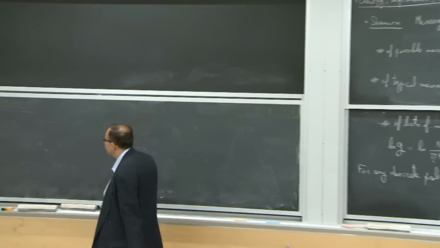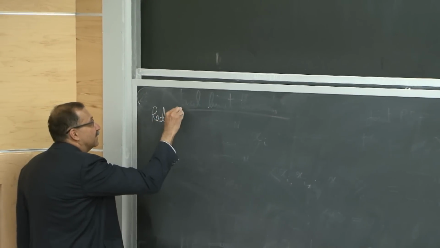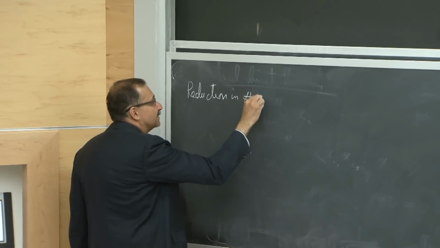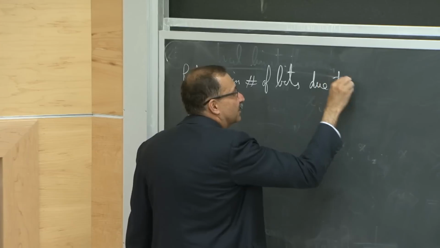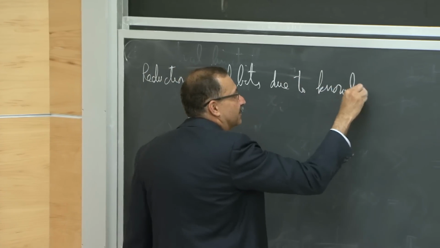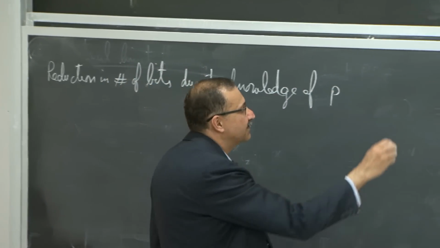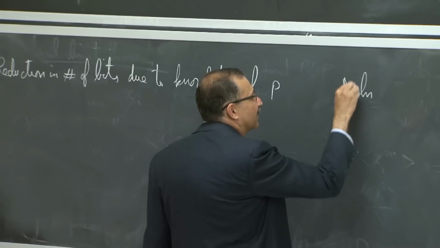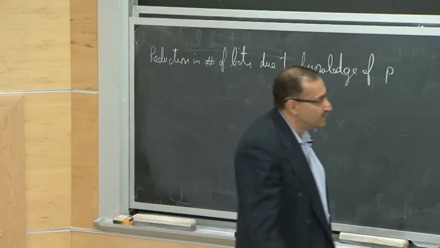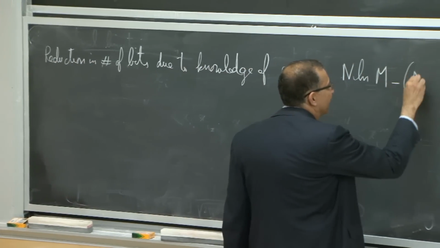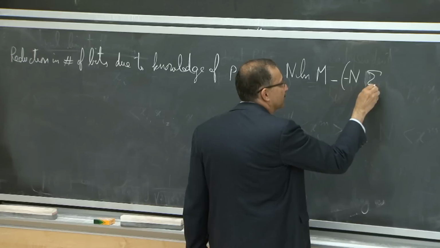So the reduction in number of bits due to knowledge of p is the difference between n log m, which I had to do before, and what I have to do now, which is n sum over i of p_i log of p_i.